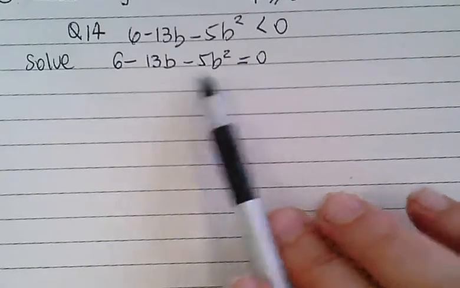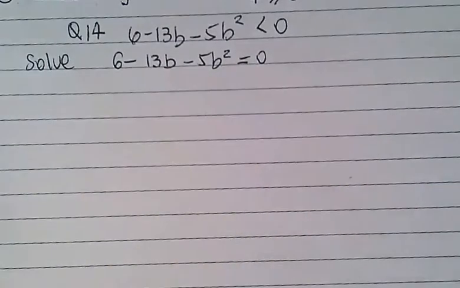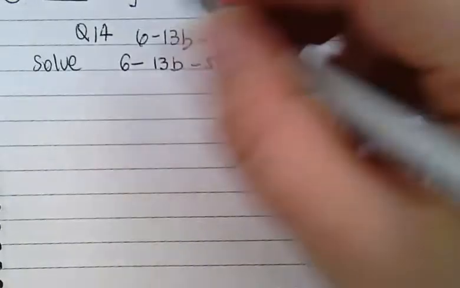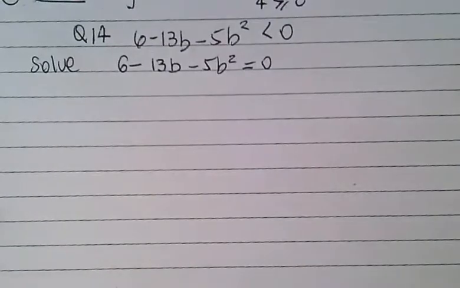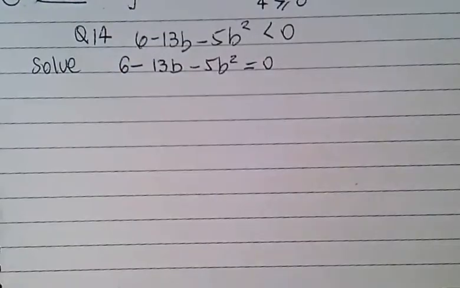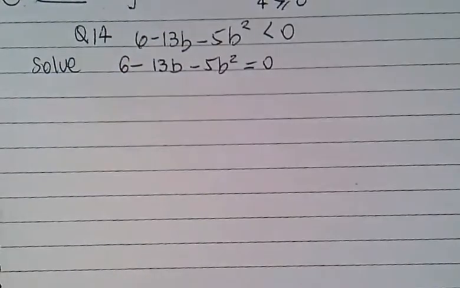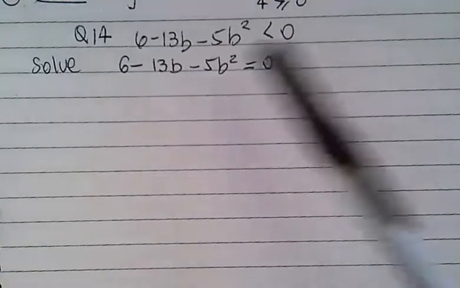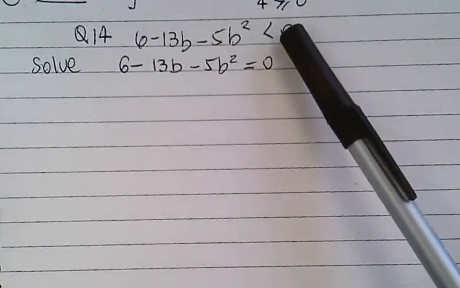Do you understand? When I want to solve this, once I've put it equal to 0, I can take it to the other side, do whatever I want with it. Okay, so I can take everything over to the other side, or I can factorize out the negative. You need to be careful. If you're taking stuff to the other side, you still do have a concave down parabola.